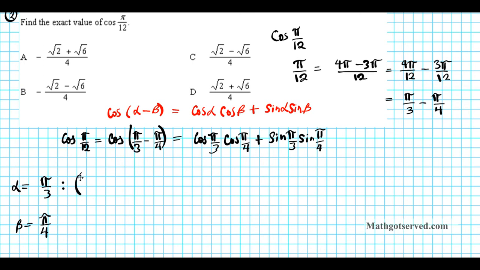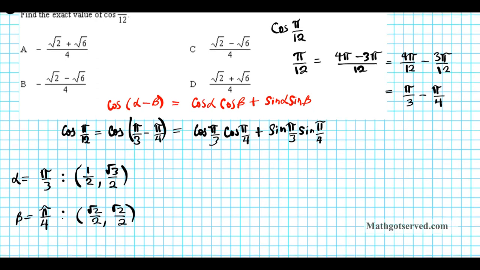The x coordinate for pi over 3 is 1/2, and the y coordinate is root 3 over 2. Okay, and then for pi over 4, it's root 2 over 2 and root 2 over 2.